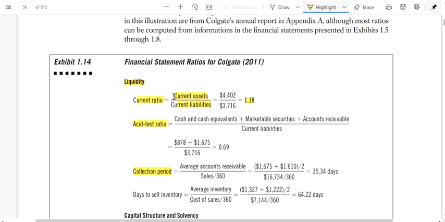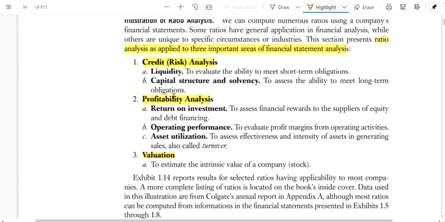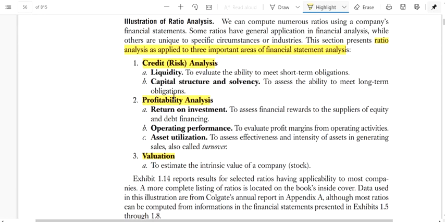Okay, bila current ratio tu maksudnya dia menggunakan current asset dan current liability. It shows that in short term dia boleh bayar hutang dia, sebab dia ada lebihan 18 sen tu. Okay. And then capital structure and solvency is to assess the ability to meet long-term obligations.